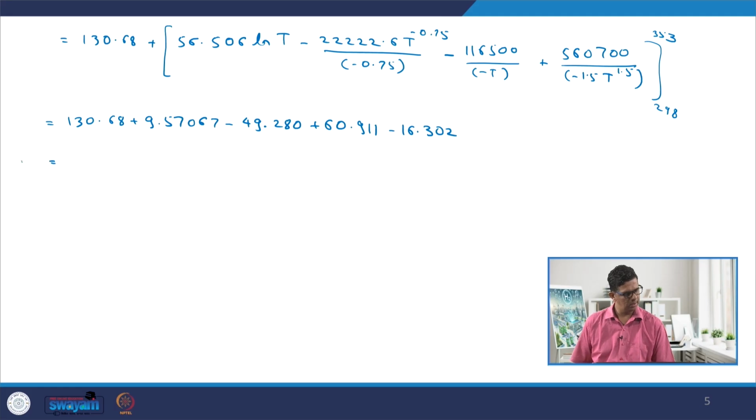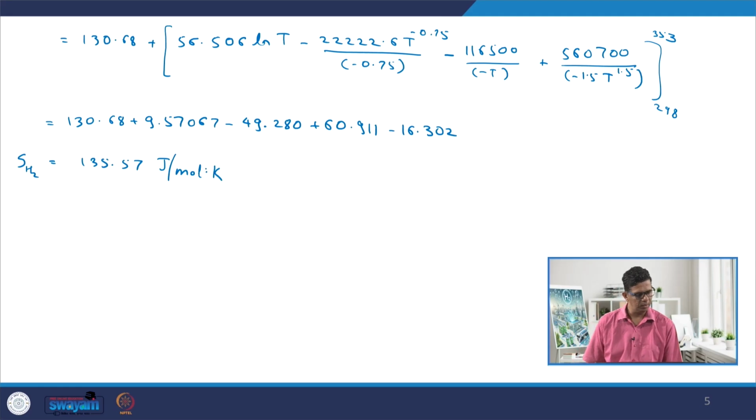So, this is the entropy of hydrogen at 80 degrees Celsius. If we sum this up, this comes close to 135.57 joules per mole per Kelvin. So, we have found the entropy of water, we have found the entropy of hydrogen.